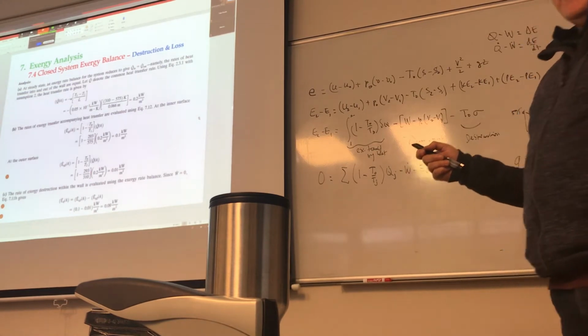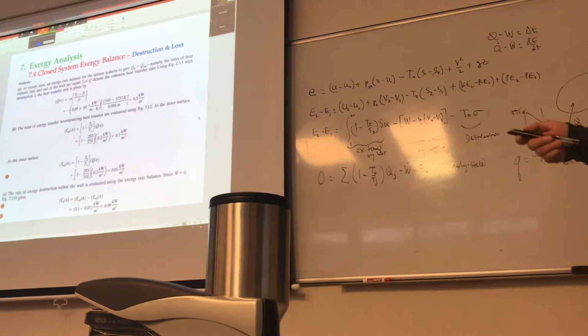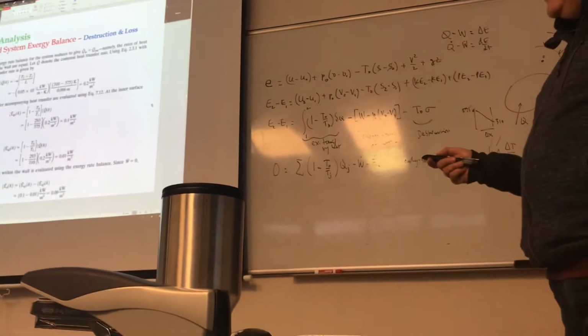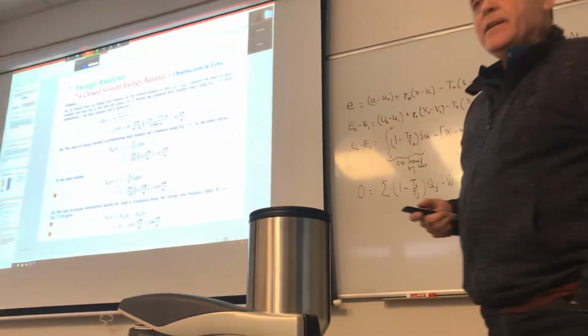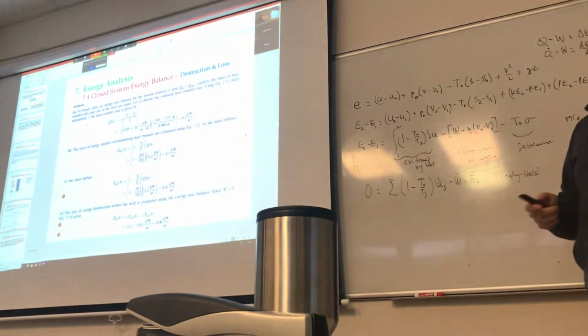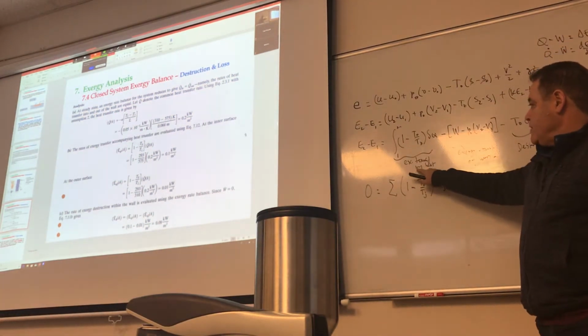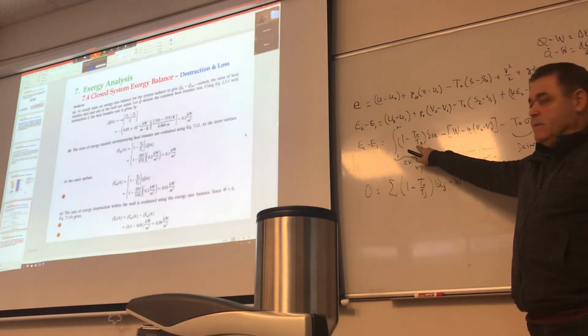The next question is the rate of exergy transfer accompanying heat transfer. You wonder what equation you should be using there. Remember, exergy transferred by heat is 1 minus T0 over Tb.